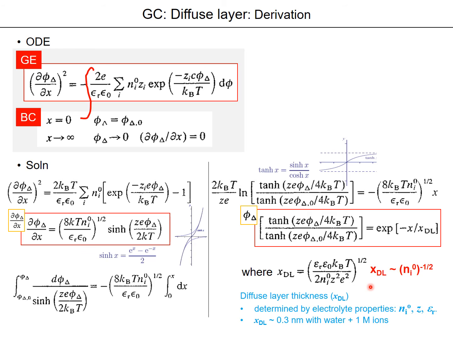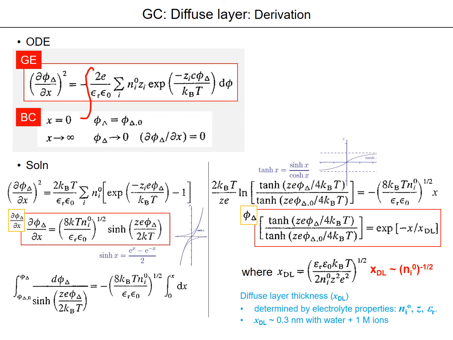At room temperature, if you have 1 molar of ions in water, then the XDL value is about 3 angstrom, or 0.3 nanometer for 1 molar.